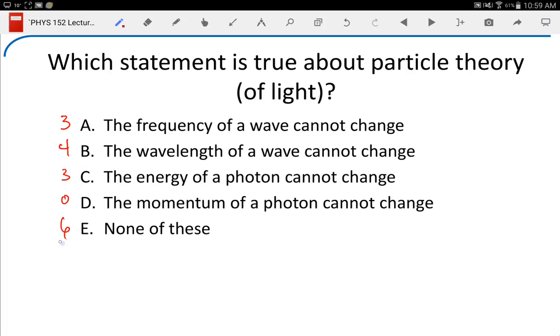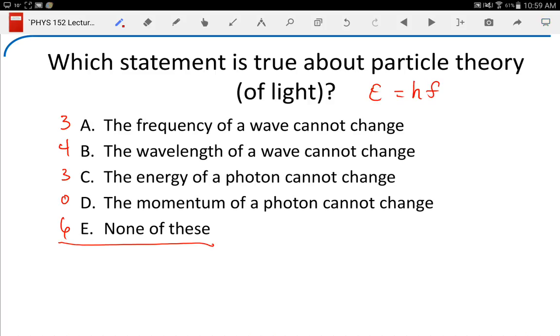Well, actually, we do have a plurality, right? Because that is more than any other answer. We haven't really looked into this yet, so you're just trying to go back to what you've learned about this. And what you've learned so far is that for the particle theory, we have photons that have energy equals HF.